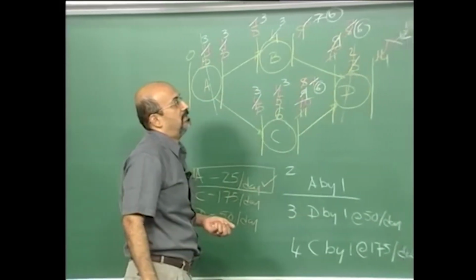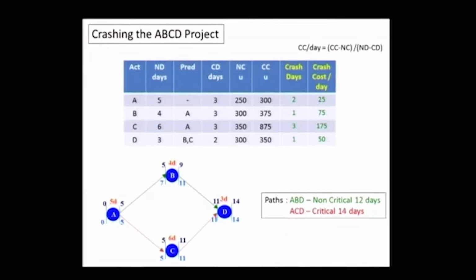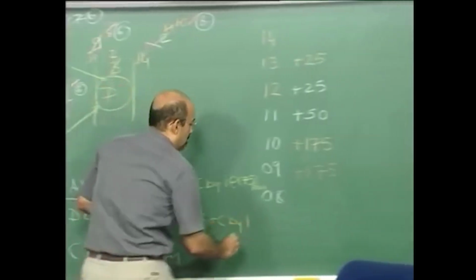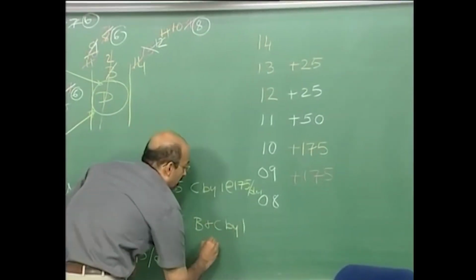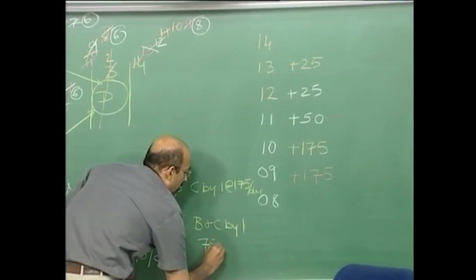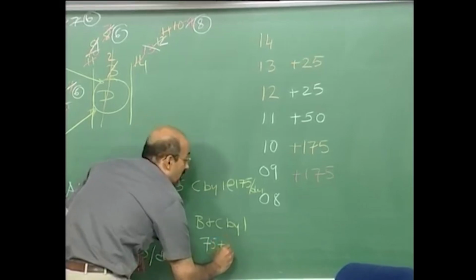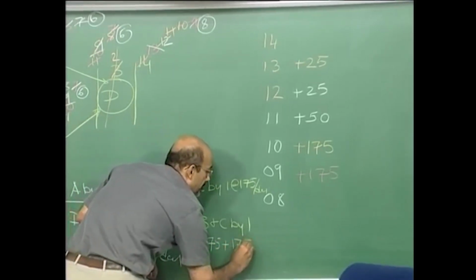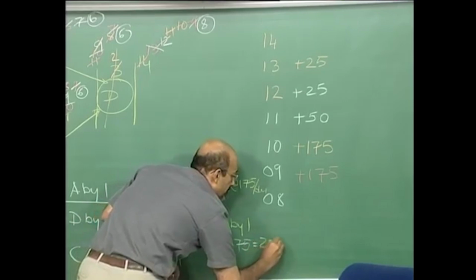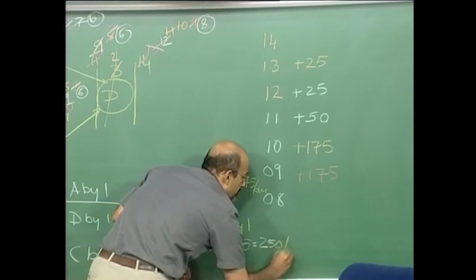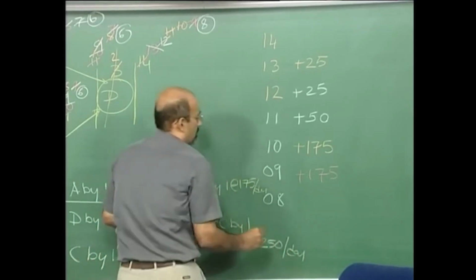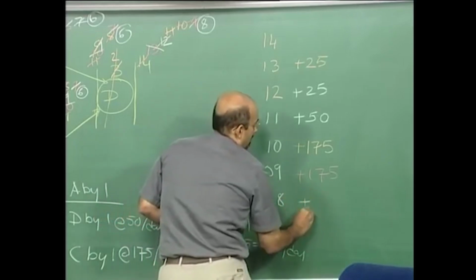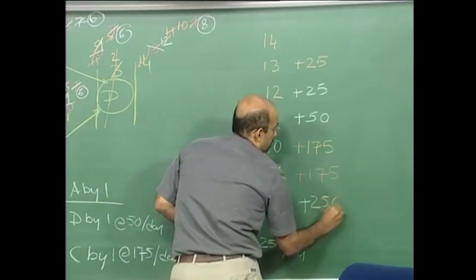And the cost is how much? B is 75 plus C is 175. So my 8th step I get at plus 250.